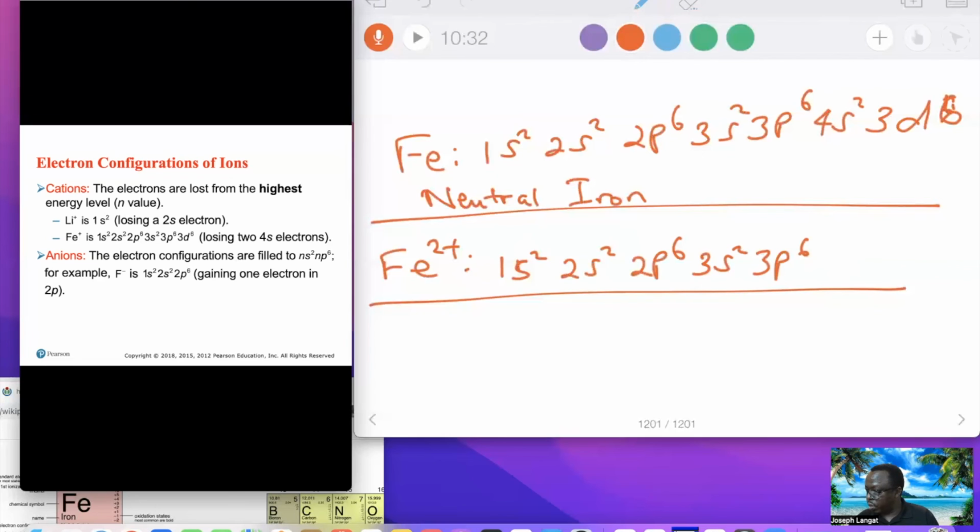This will be 3d6. The 4s2 is gone, so we remove this first.